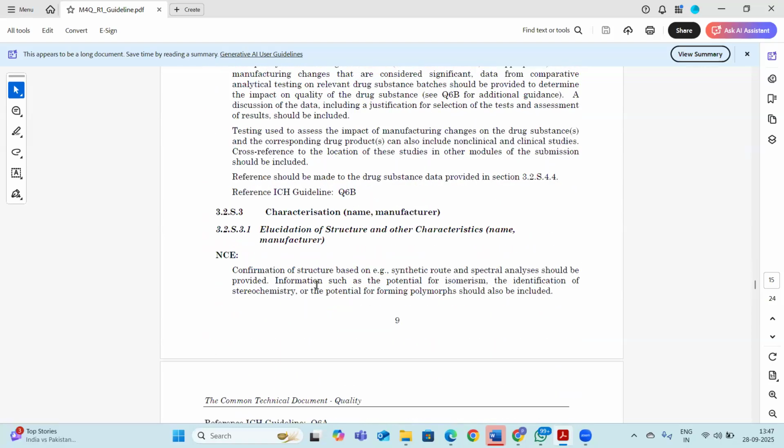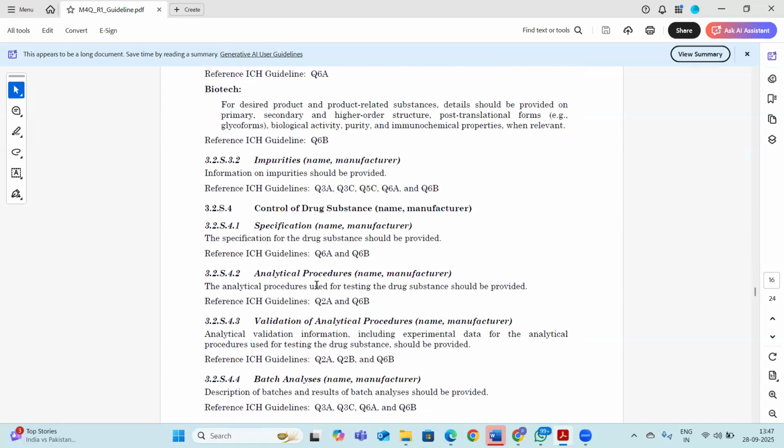Then is your characterization, where we talk about elucidation of structure and other characteristics for NCE and biotech product and impurities present during the manufacturing, after the manufacture of the drug substance, or initially. All the details related to the impurities need to be submitted in S32.